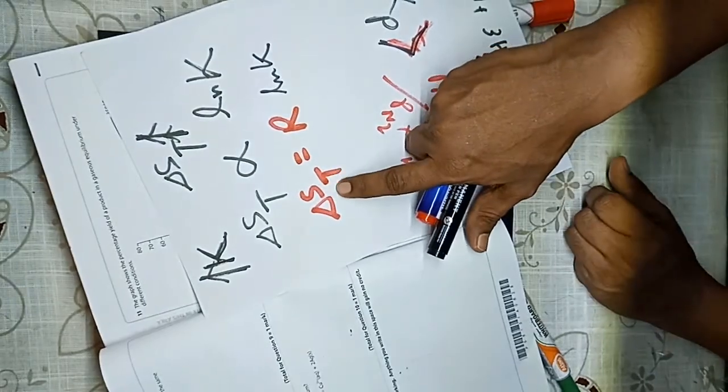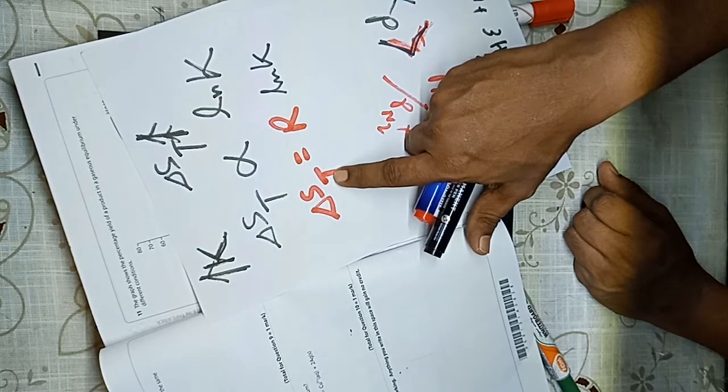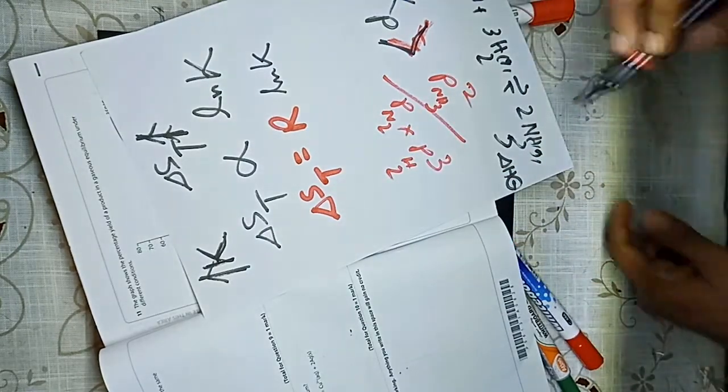You know that total entropy change, that is the entropy change of the universe, means entropy change of the system plus surrounding.